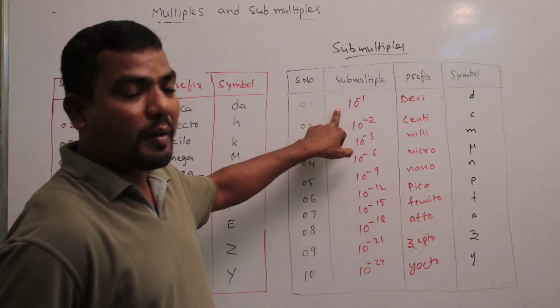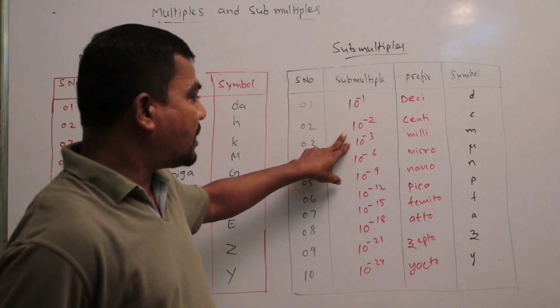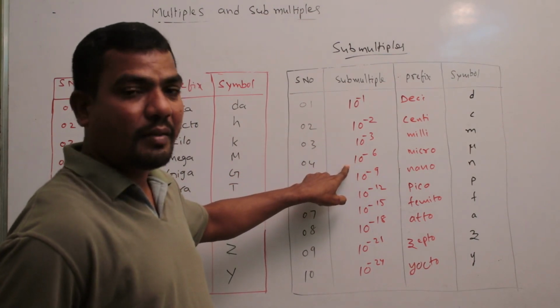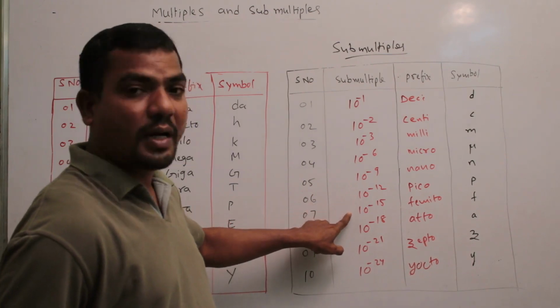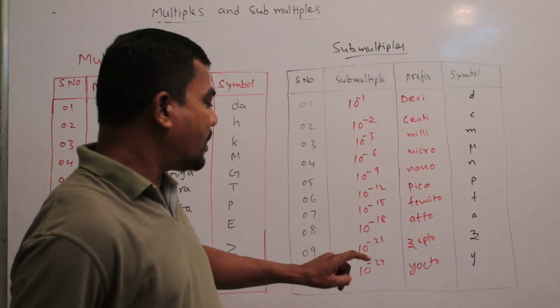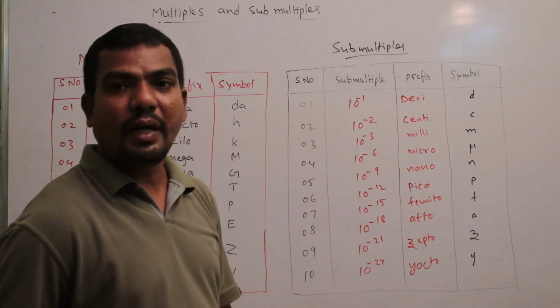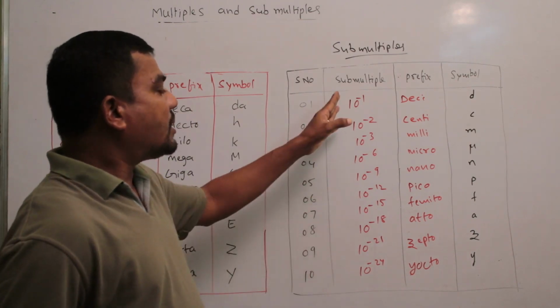So 10 power minus 1, minus 2, minus 3, minus 6, minus 9, minus 12, minus 15, minus 18, minus 21, minus 24. These are submultiples.